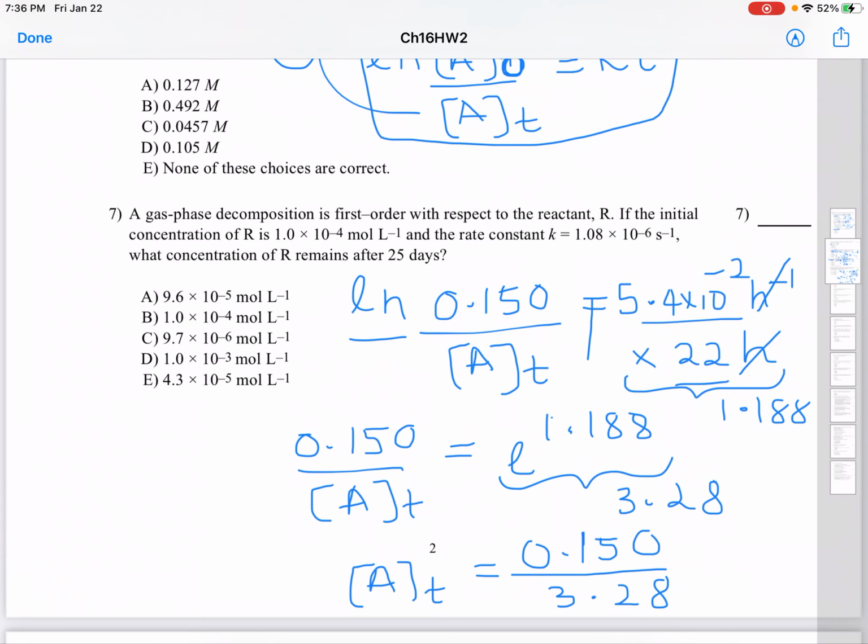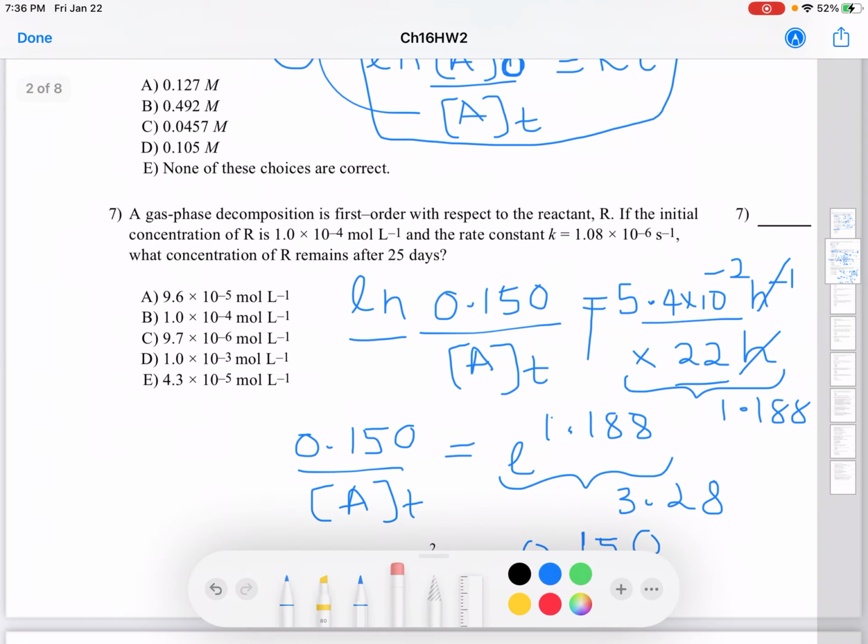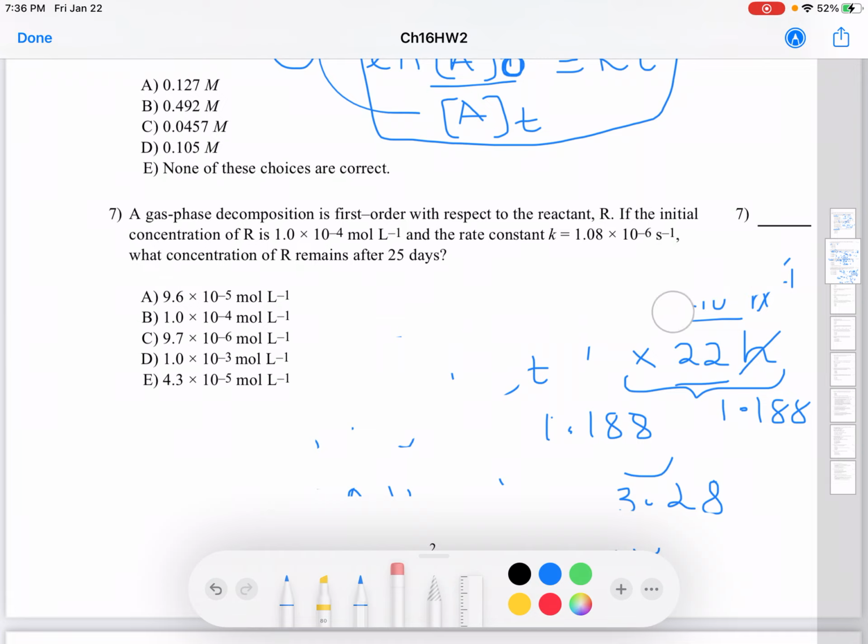So number 7 again. A gas phase decomposition is first order with respect to reactant R. If the initial concentration of R is given and the rate constant is given, what concentration of R remains after 25 days? Which is also similar to what we just did.